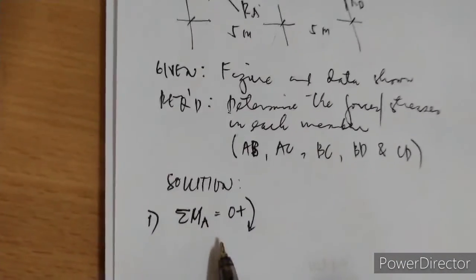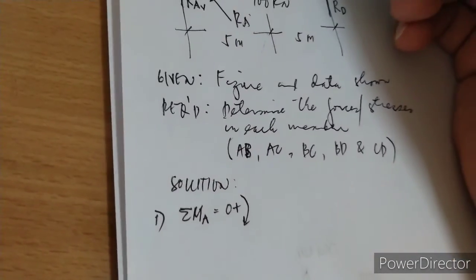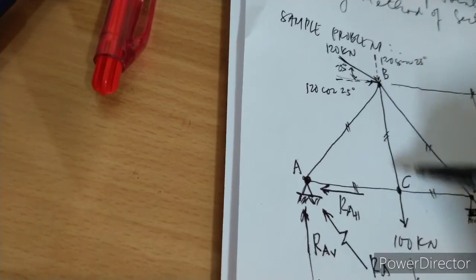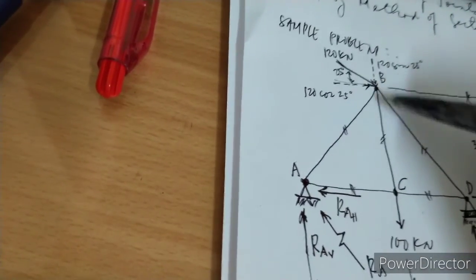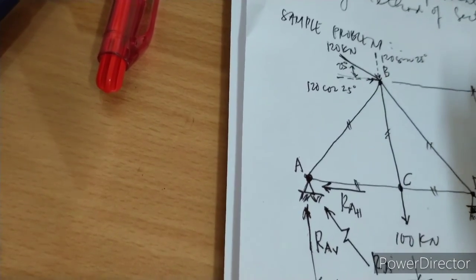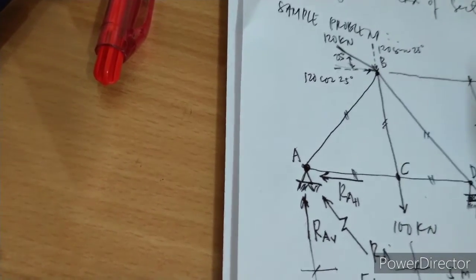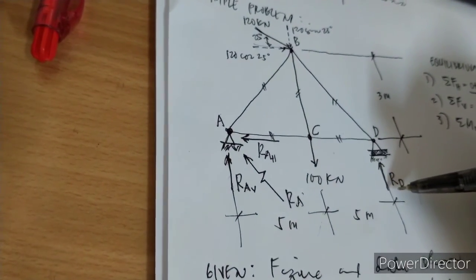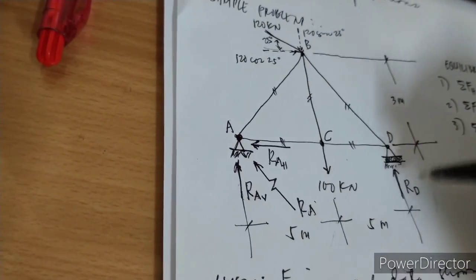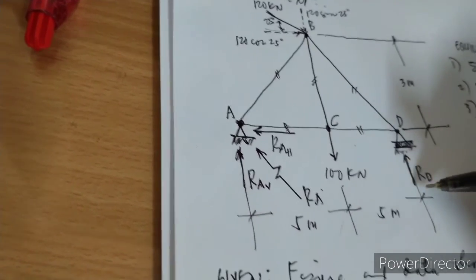So going back again to our equation, summation moments at A, you need to consider that this component is acting counterclockwise, this component is clockwise, and this component is acting clockwise. So what is that particular force that is acting counterclockwise?